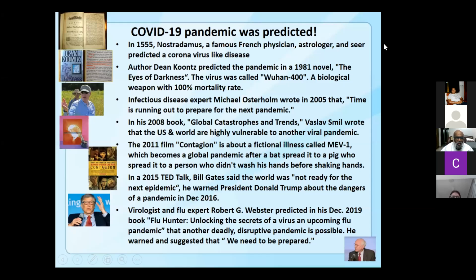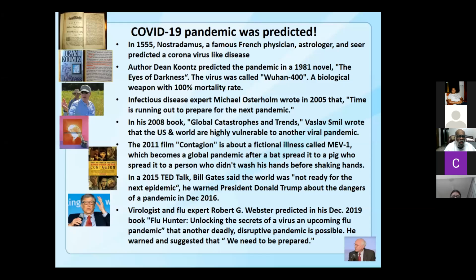Many of you must have heard of Nostradamus, a famous French physician, astrologer, and seer who predicted a coronavirus-like disease. You must have seen this 1981 novel going around, The Eyes of Darkness, authored by Dean Koontz. In fact, it's surprising that the virus in this novel was called Wuhan 400, a biological weapon with 100% mortality rate. Thank God COVID is not that fatal.